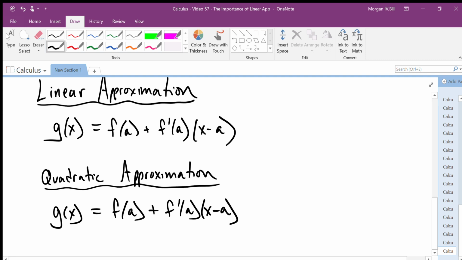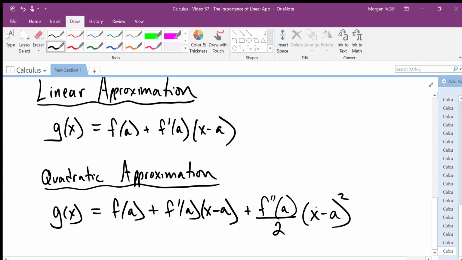And I'm not going to describe in this particular video how we're creating these terms. That will come in a later video for probably Calculus 2, maybe Calculus 3, depending. But we're trying to recognize patterns here. We're trying to get some pattern recognition. So it's f of a plus f prime of a times x minus a plus f double prime, the second derivative at a, divided by 2, times x minus a squared.